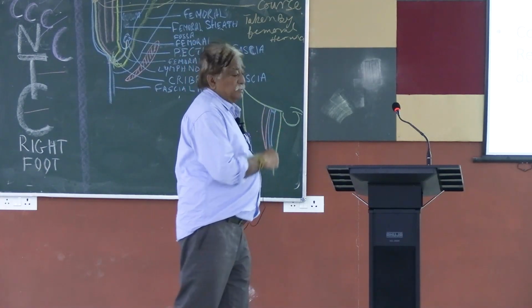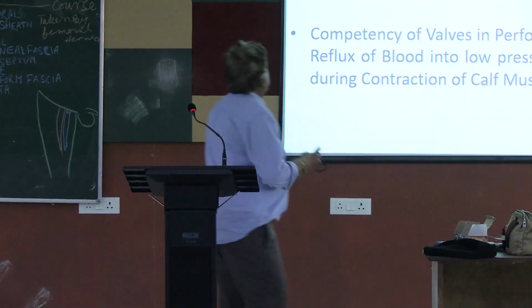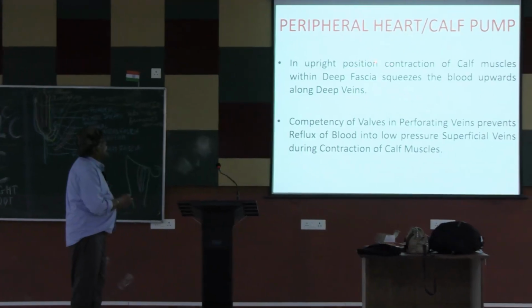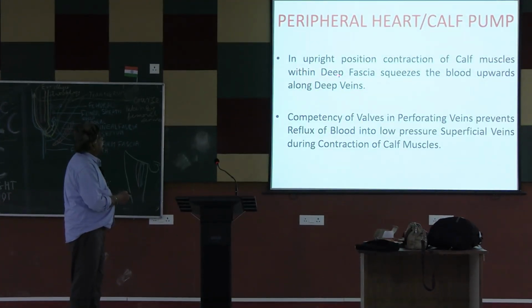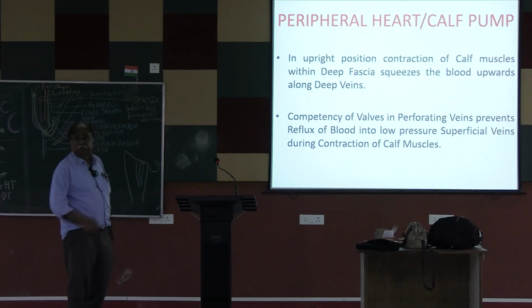Now in upright position, contraction of calf muscles with deep fascia squeezes the blood upwards along deep veins. Competency of valves in perforating veins prevents reflux of blood into low pressure superficial veins during contraction of the calf muscle.